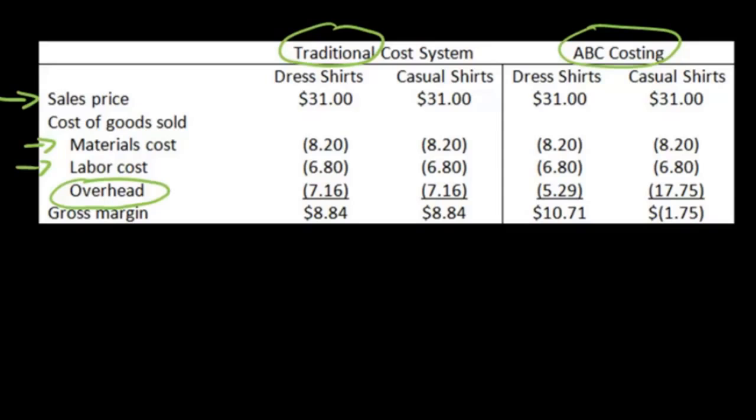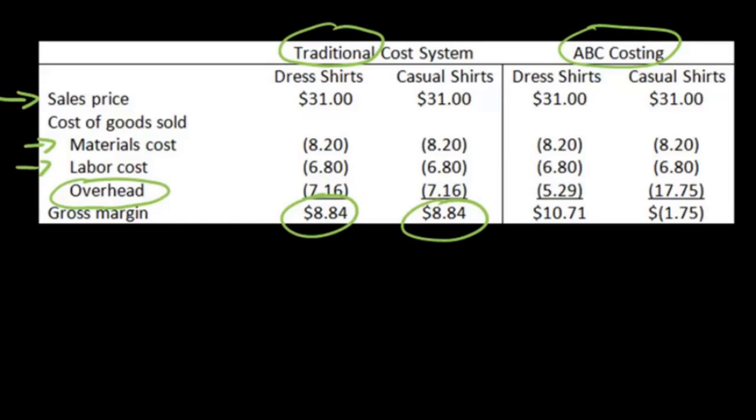With the traditional system, we allocated overhead based on the number of units produced and we got $7.16 per unit. So if we sell our dress shirt for 31 and we take out our direct materials, our direct labor and our overhead, we have a gross margin of $8.84. And it's the same for the casual shirt.